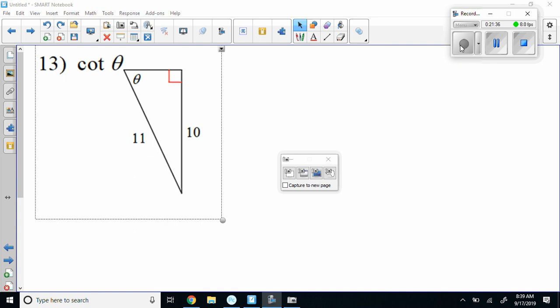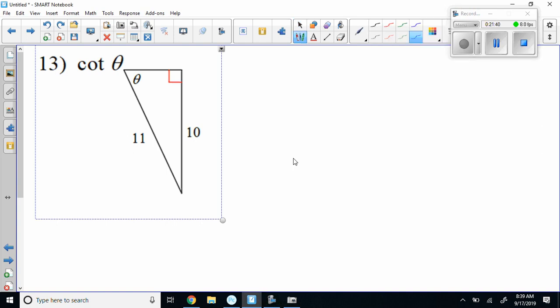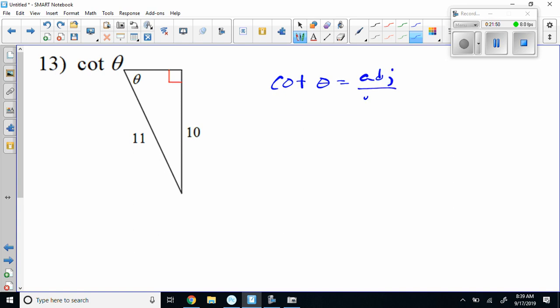You need a missing side. So what is cotangent? It would be adjacent over opposite. I would write that down. It didn't take but about 3 seconds, but guys, it's going to be very important.